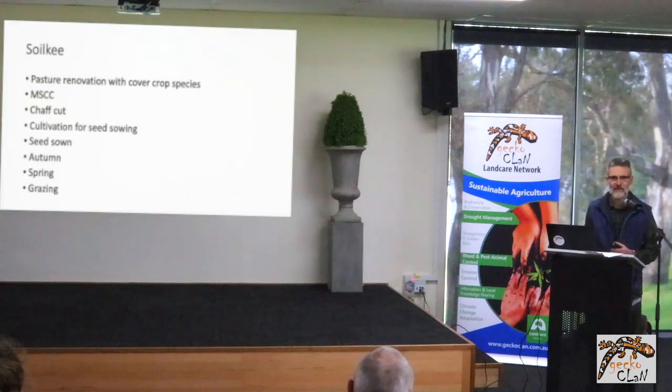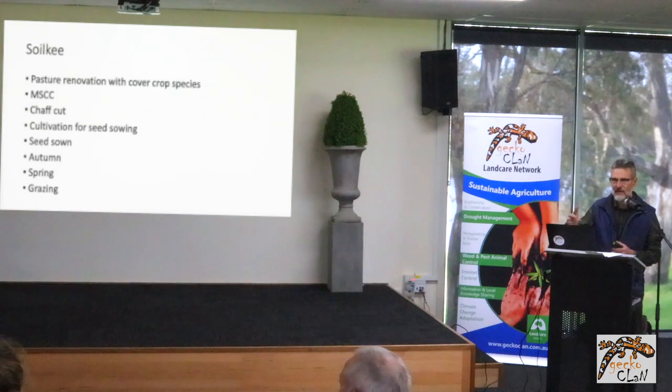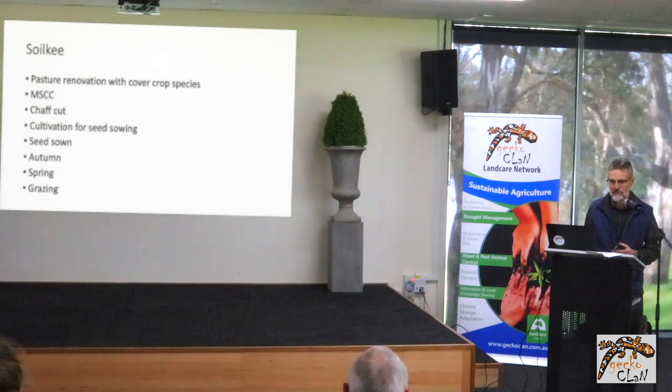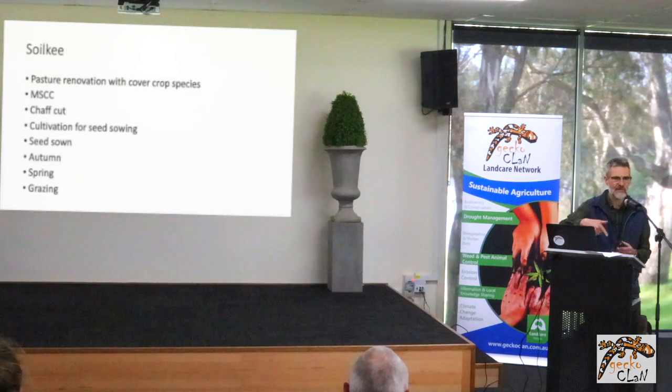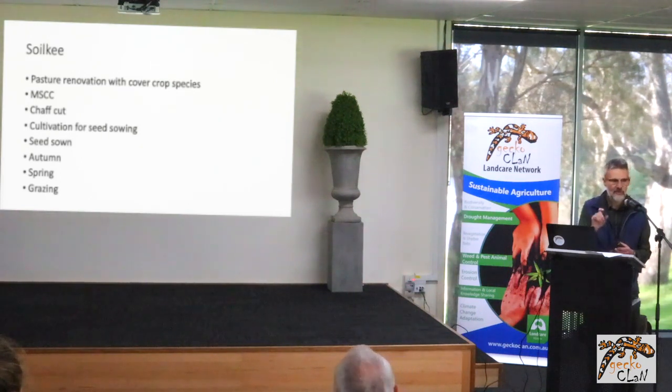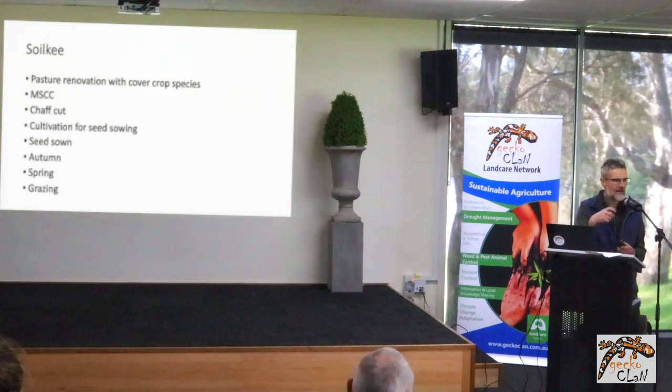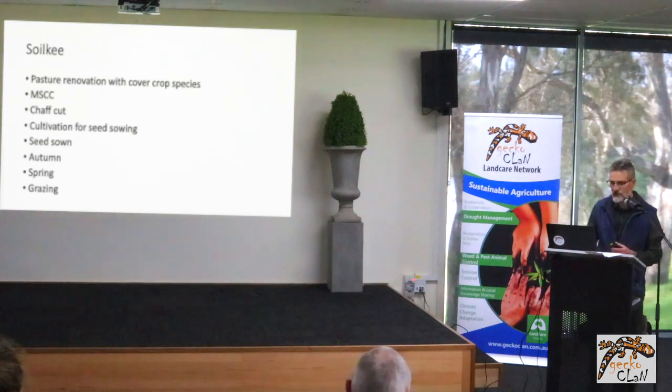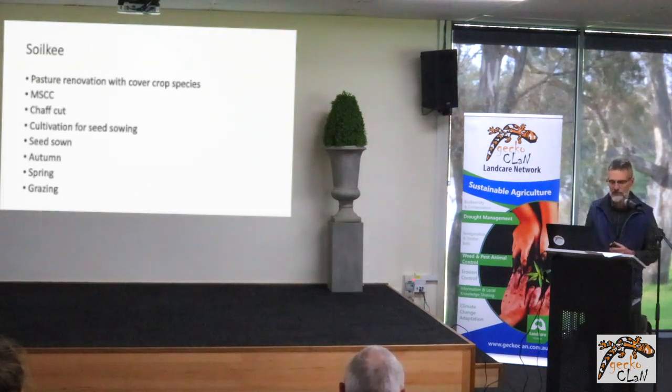You're not just putting down that multi-species. It's cutting the chaff that's there, and it's cultivating where the seed's growing. So it's only sowing in strips, and it's cultivating that soil. So you're getting a nice area for seed. As long as you've got moisture, you've got seed germination, and those roots will take off.